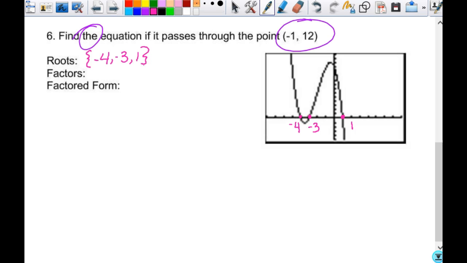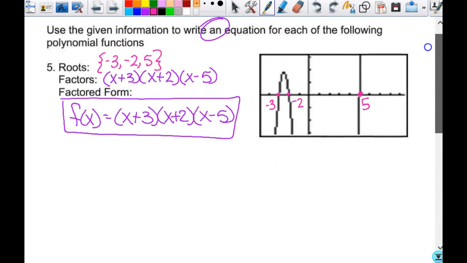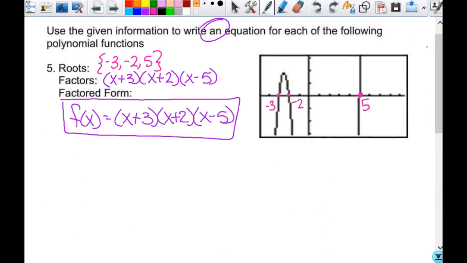There is something up in the first one I should have talked about. Even though we can't find a, looking at the end behavior, I know you can't see much of it, but clearly it comes from down here and then comes back up like this. So if my end behavior looks like this, is the leading coefficient positive or negative? Positive. This would be a.